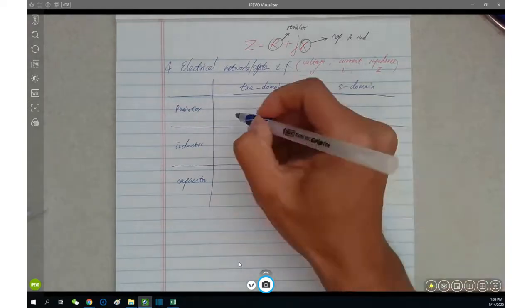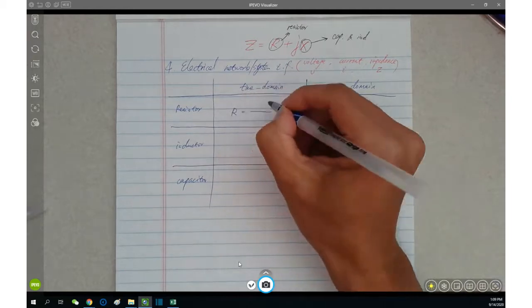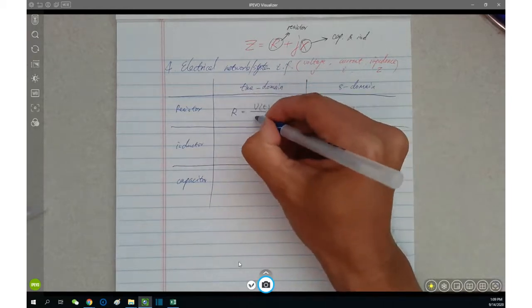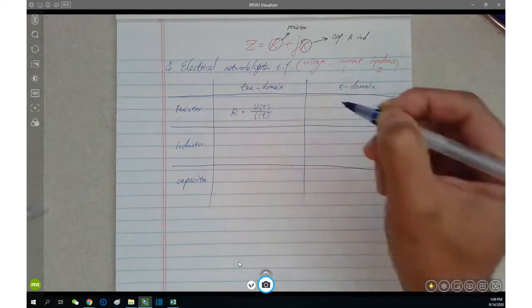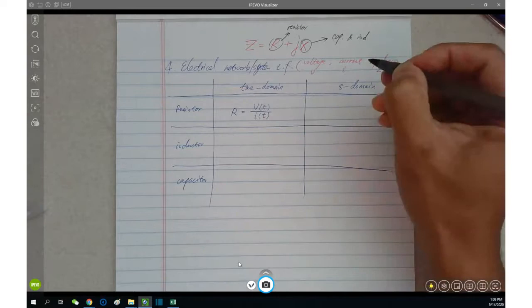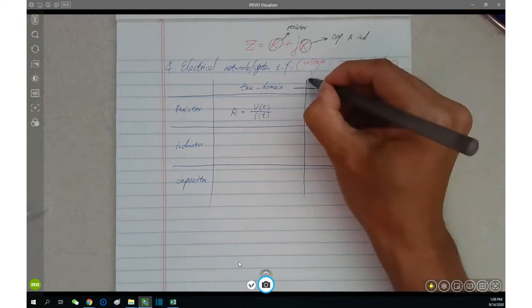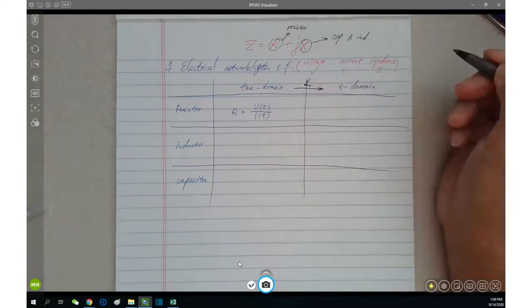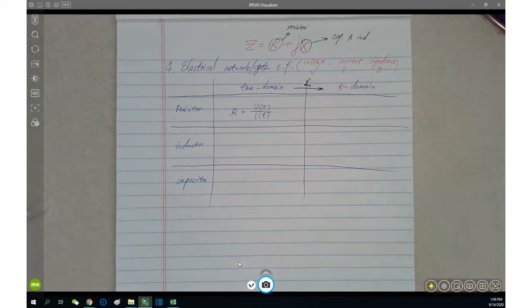Very simple: the resistance equals the voltage in terms of time divided by the current in terms of time. This is nothing but Ohm's law we learned from 235. To obtain the corresponding frequency domain transfer function, what we need is the Laplace transform. This is the linkage between the time domain and the S domain.